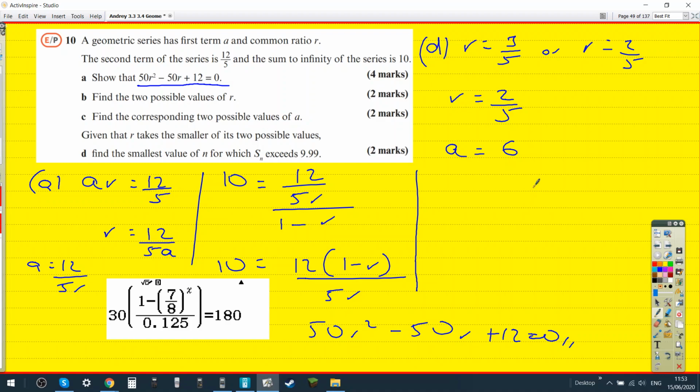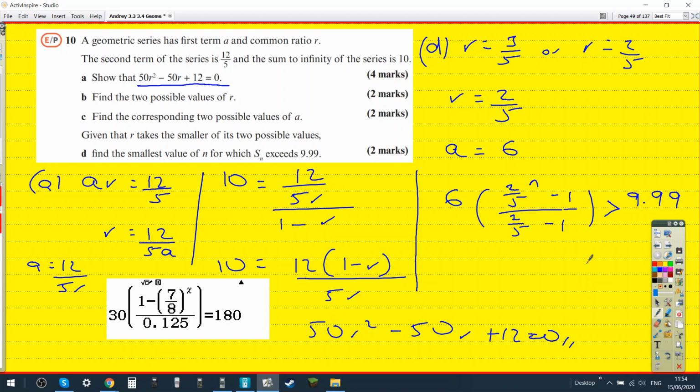R is 6. So A is 6. And so do I now need to use the formula for Sn, which would be 6 times, no, 6 times 2 over 5 to the n minus 1 over 2 over 5 minus 1, and then greater than 9.99.